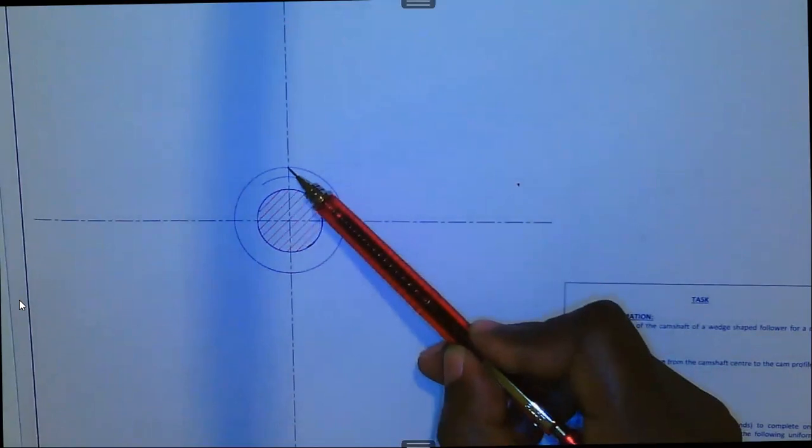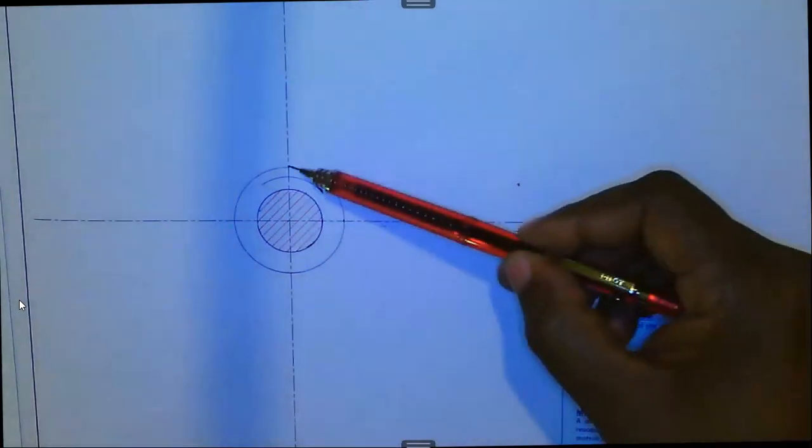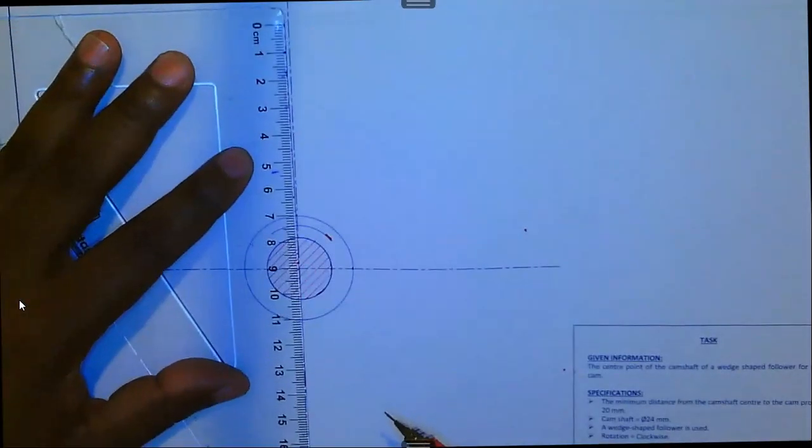So what we can pick from this information is that the total rise is 70. The minimum point is here, so it's going to rise. We need to measure from here going up 70, the total rise, and that would give us the maximum diameter.